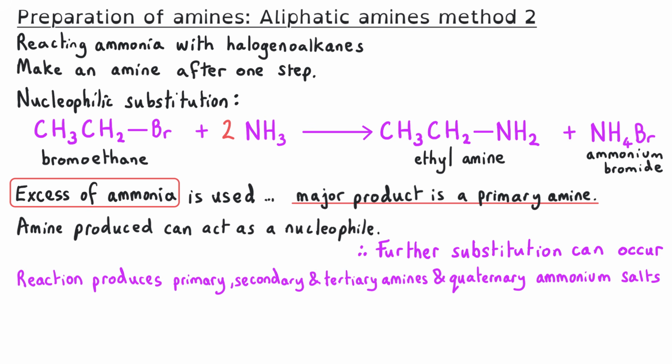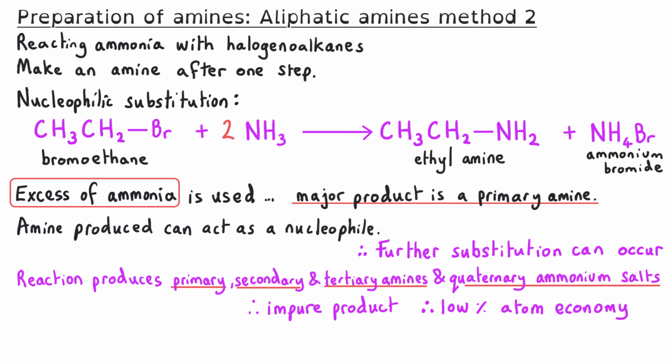And so this reaction leads to the production of primary, secondary, and tertiary amines, and potentially quaternary ammonium salts. This means that we're likely to produce a mixture of all of these chemicals, and so we will make an impure product, which is not ideal if we only wanted to make the primary amine, as the percentage atom economy is likely to be low.